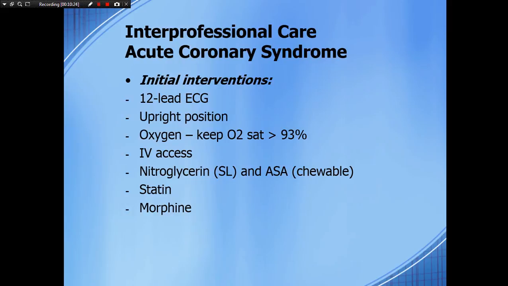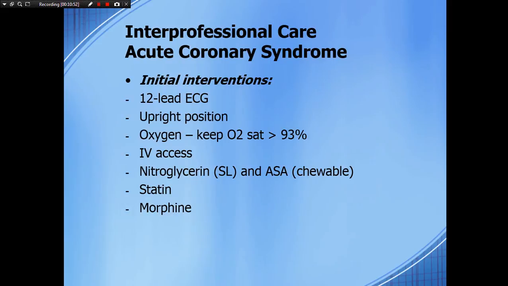It is extremely important to quickly diagnose and treat a patient with ACS, or acute coronary syndrome, to preserve heart muscle. You need to obtain a 12-lead EKG and start continuous ECG monitoring. Position the patient in an upright position unless contraindicated and initiate oxygen by nasal cannula to keep oxygen saturations above 93%.